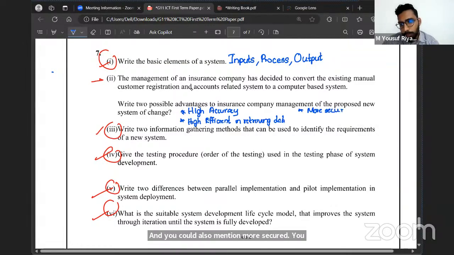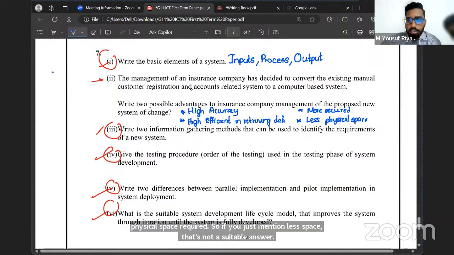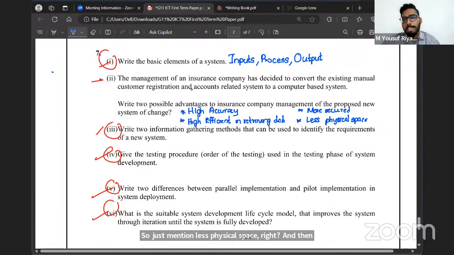If you mention just less space, it's not a suitable answer. You mention less physical space required. And apart from that, you can mention other suitable ones as well. These are four suitable answers.